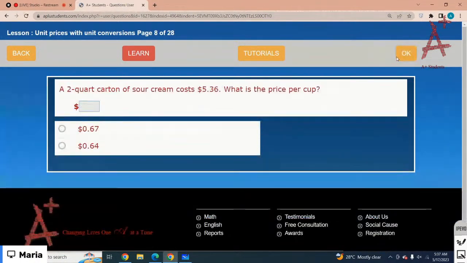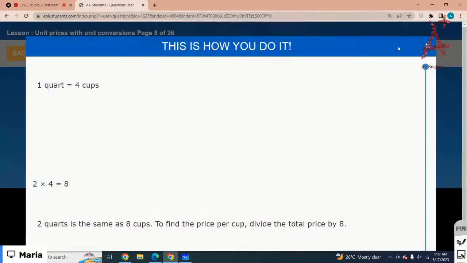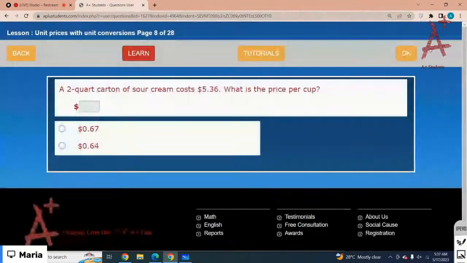Okay, the next one is a 2-quart carton of sour cream that costs $5.36. What is the price per cup? So which is the correct option? I think in 1 quart we have 2 cups. Oh, in 1 quart we have 4 cups. Got it? So 4 times 2 makes 8 cups total.